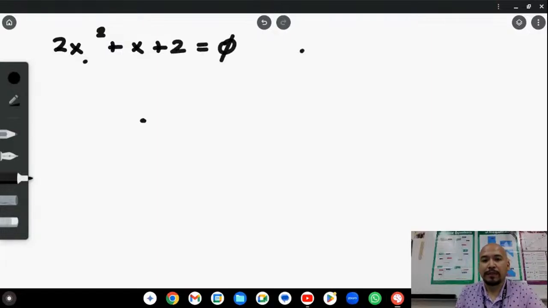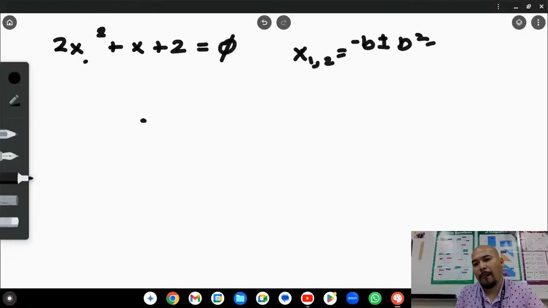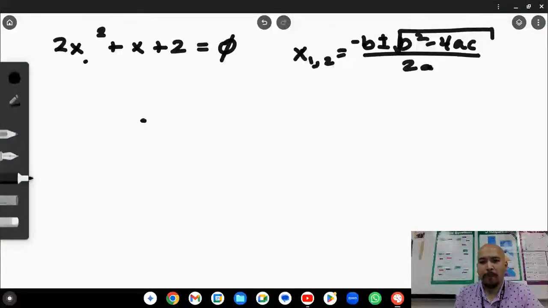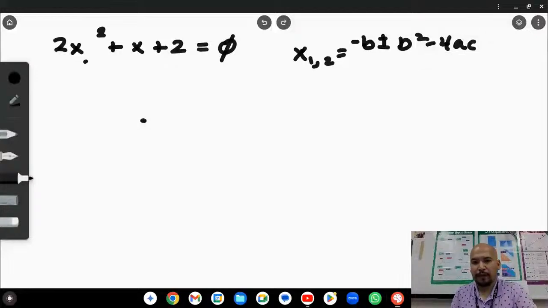And let's say we use the quadratic formula. Assuming that I wrote it right. There you go, that looks better.